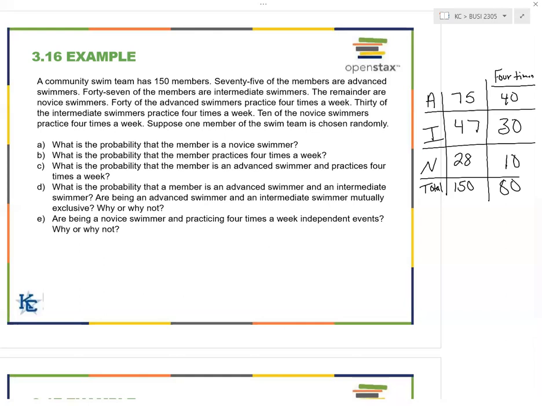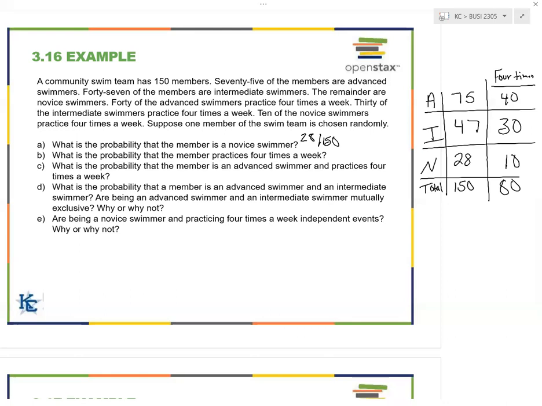My information is organized. So what is the probability that the member is a novice swimmer? Novice swimmers are 28 out of the total of 150 swimmers. And remember, you should reduce if you can.